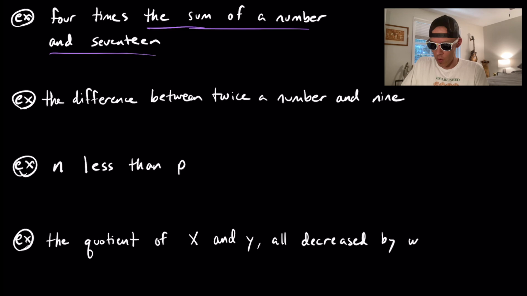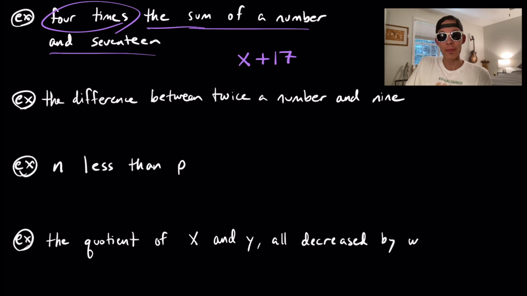It can be whatever we want, but since we don't know exactly what it is, let's just call it X. So this number and 17, we're finding the sum of those two things. So the sum of a number and 17 is X plus 17. And then we're doing 4 times that sum. So we'll do 4 times whatever we get there when we sum those numbers together.